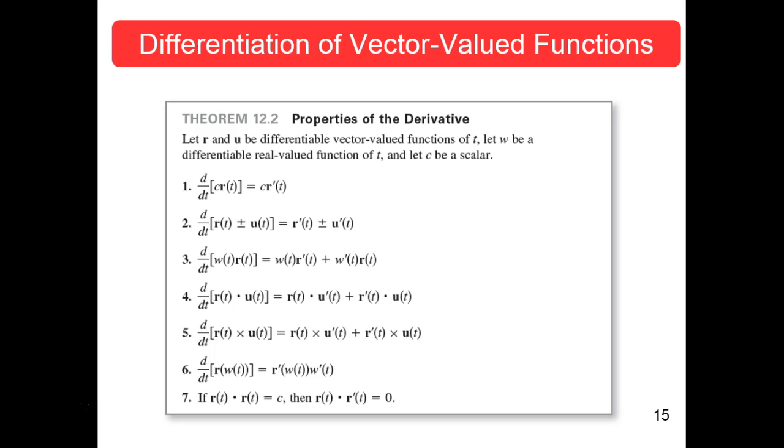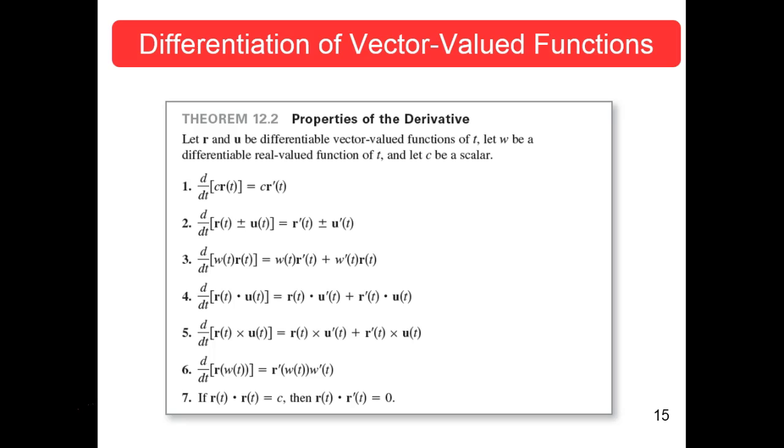So this first is called the constant multiple rule. The derivative of a constant multiple, where c is a scalar times a vector function of independent variable t, you can pull the c on the outside of the derivative, and then you have left c times the derivative r prime of t, hopefully just like you would expect.